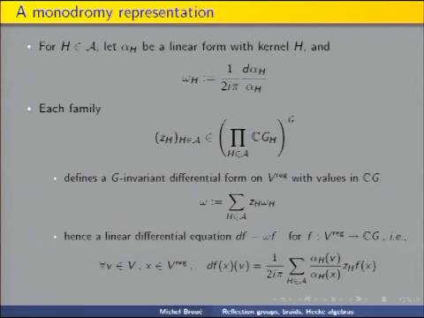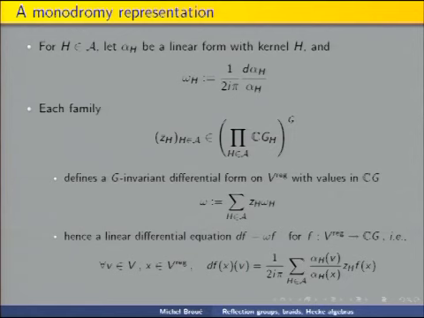This differential equation, abbreviated into df equals omega f, means this. df is what? df is a linear map from the tangent space of Vreg into the tangent space of CG. You agree? df of x. The tangent space of Vreg is V.